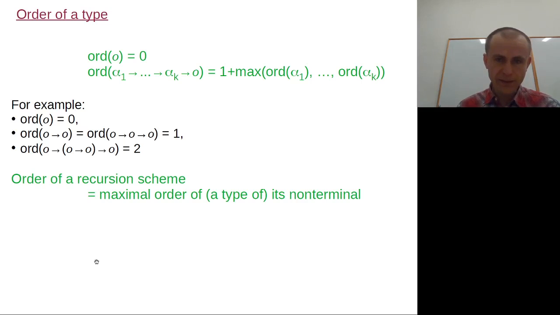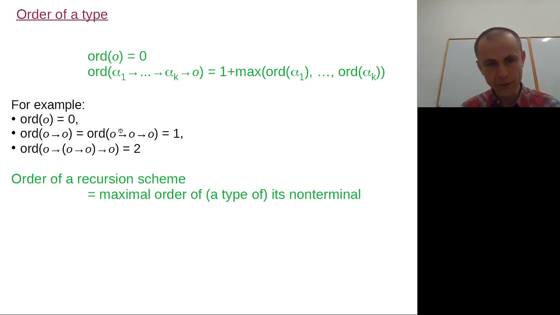What is now an order of a type? This is one more definition, the last one. The order of the ground type, of the tree, is 0. The order of a function is 1 plus the maximum of the orders of the arguments. So trees are of order 0.